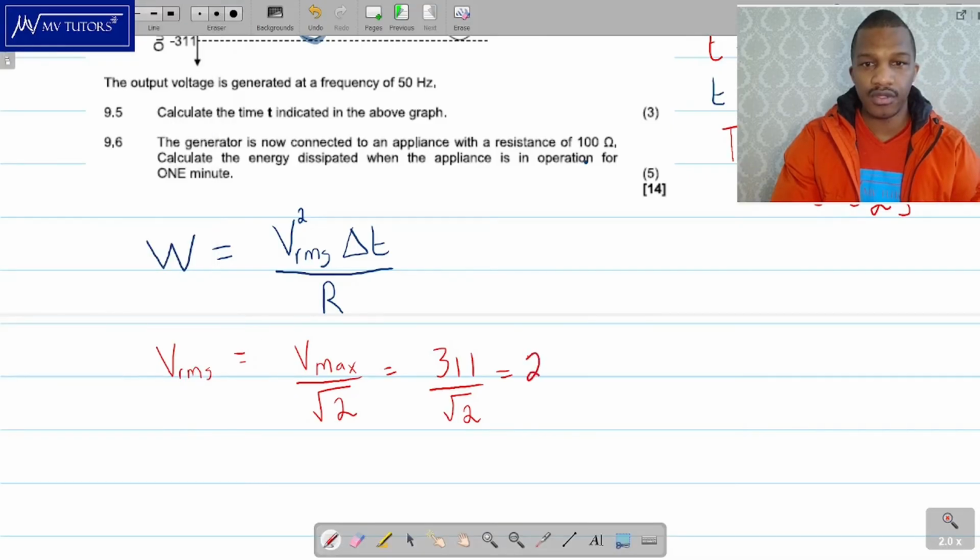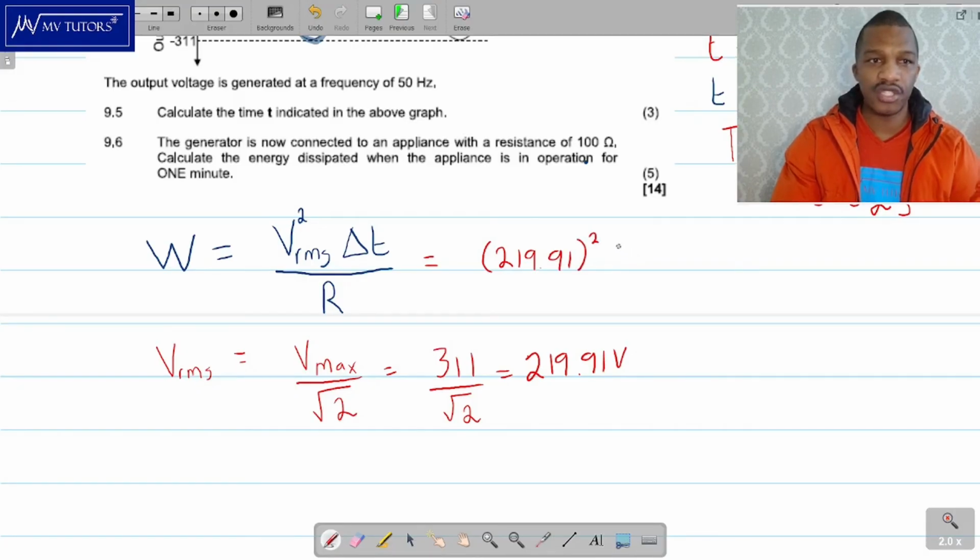Okay, so we got 219.91 volts. What does that mean? That means now we can come back to our equation on top here and put that 219.91, and then we're going to square it.